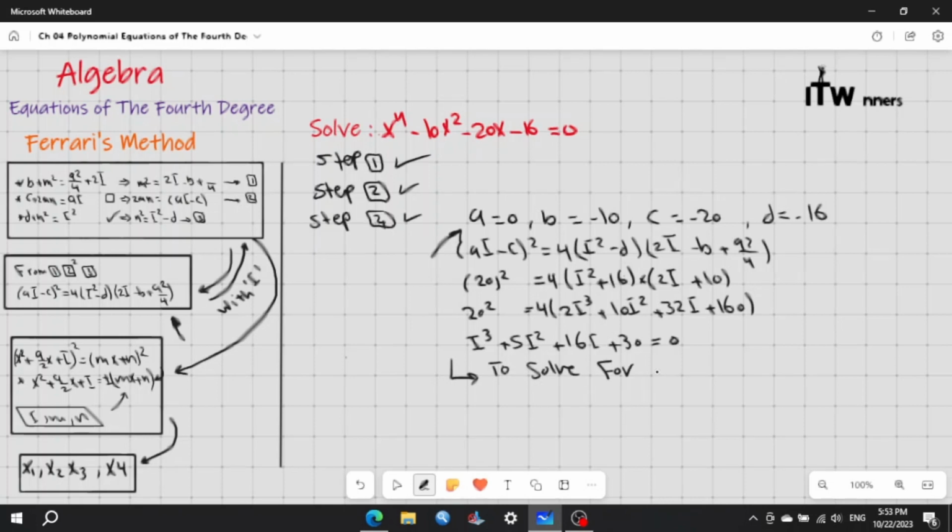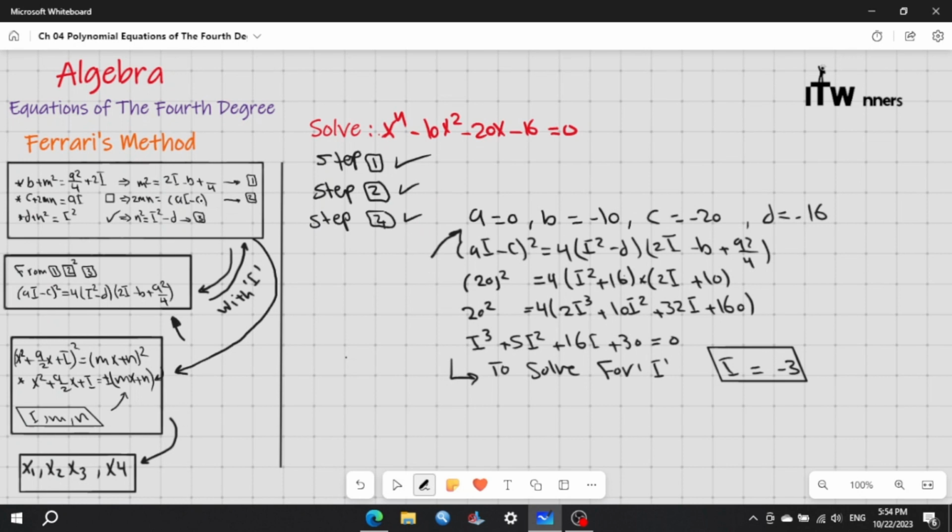So here just solve for I, and I will be equal to negative 3. The other two imaginary roots will be eliminated. So we have I equal to negative 3.